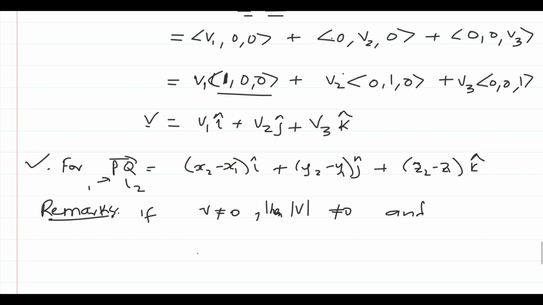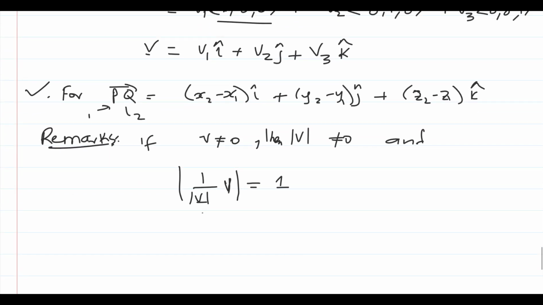If we put the quantity 1 over the absolute value of v, which is the magnitude of vector v, times the vector itself, so if we divide a vector by its magnitude, then we get the magnitude of that particular vector. What we get is 1. So which means this guy, v over the magnitude of v, is a unit vector.